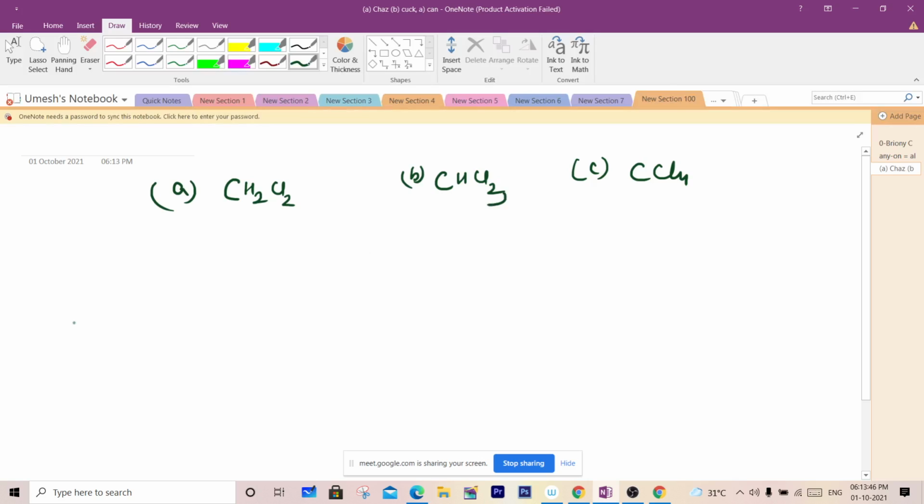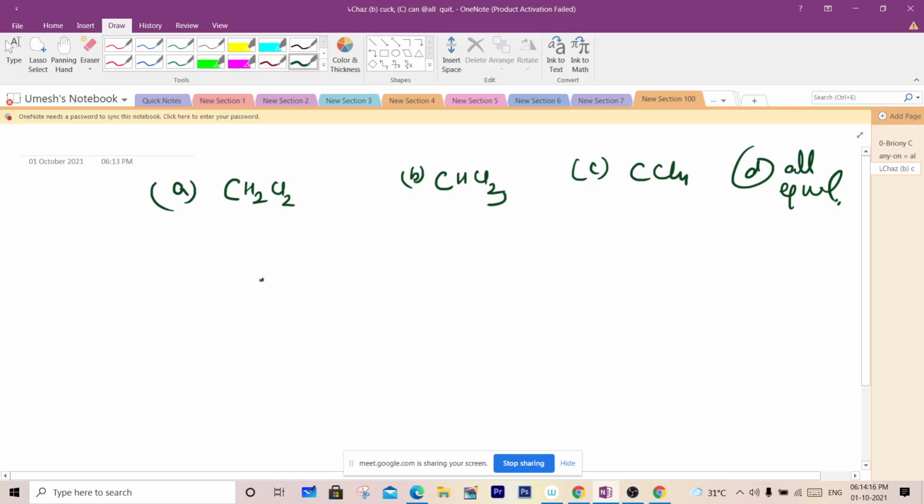Which has the highest dipole moment and why? And D option is all have equal dipole moment. So is it B?